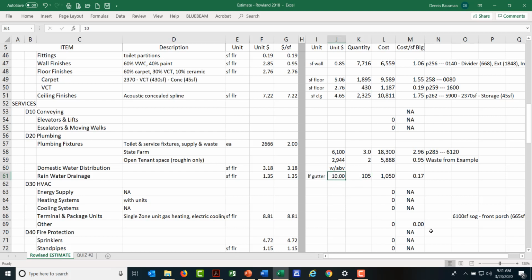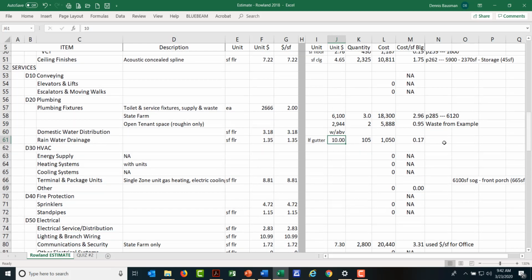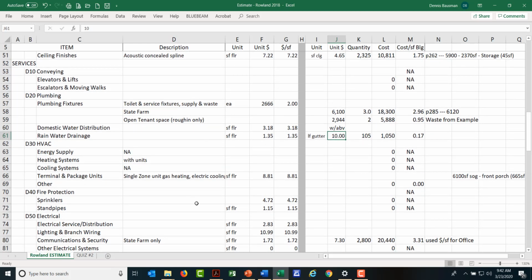A swag is a scientific wild guess, okay? And there's nothing wrong with that at this juncture. Go to Google and see if you can get a cost per lineal foot of gutter with downspout. All you're trying to do at this point, rather than starting at 5,000 feet, is get down closer to what you have on your project off the baseline that you have, okay?